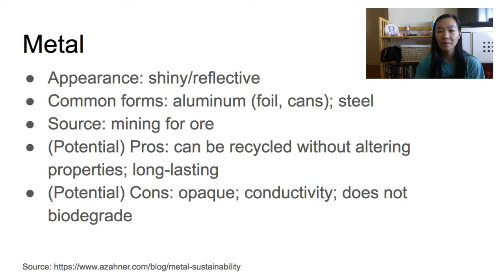You get metal by mining for ore, which has metal in it, and then you melt the metal out, because each metal has a specific melting temperature. So I think metal is probably the easiest for us to recognize.